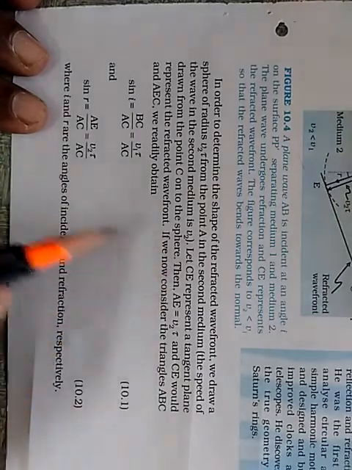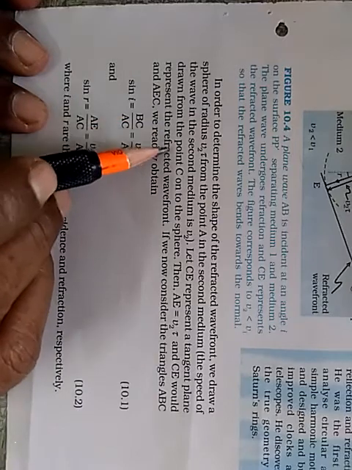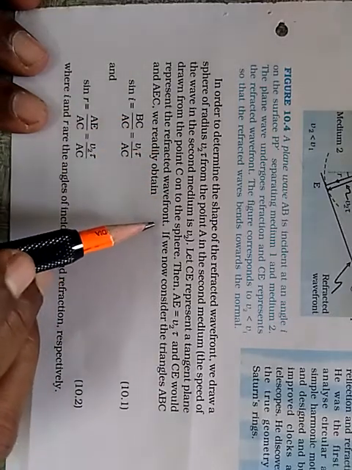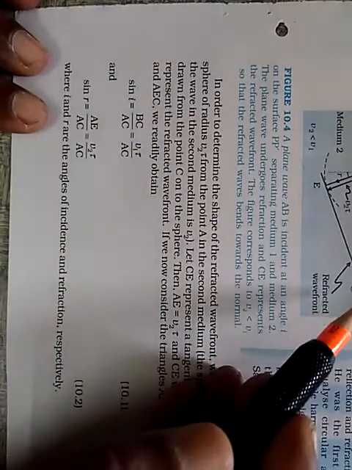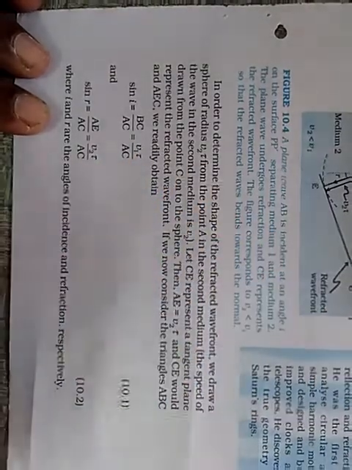Let CE represent a tangent plane drawn from the point C on the sphere. So this is C. Okay. Now we are drawing a tangent plane.